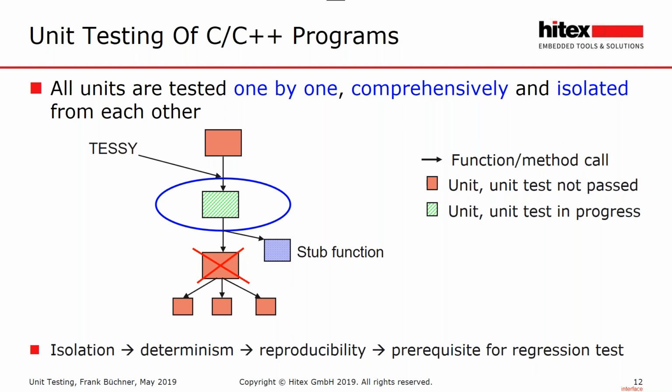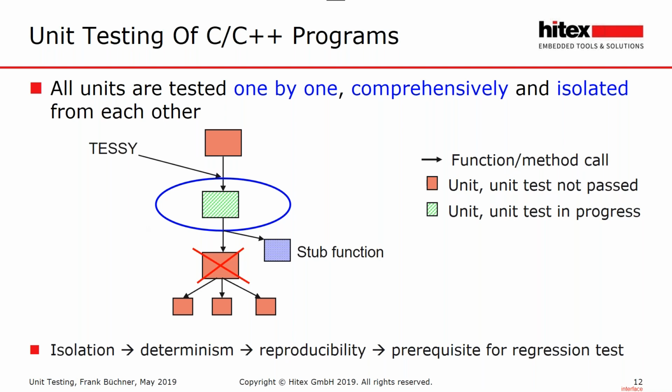So, concluding, this isolation gives you determinism. This means if a unit test gives a certain result, it will give the same result if you repeat the test. That's because everything outside this blue line, outside the test object, is under your control and will not change without you knowing it. And the test object itself is under your control, and you will know if it changes.